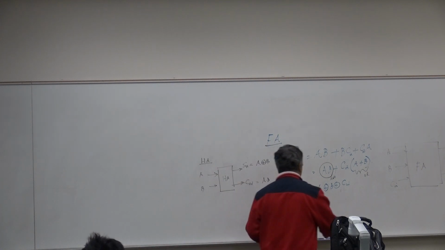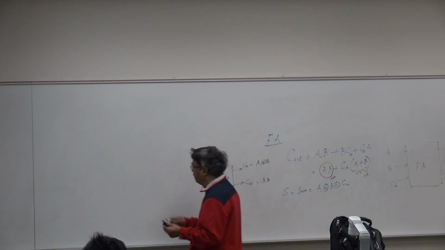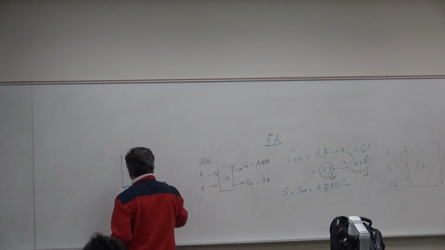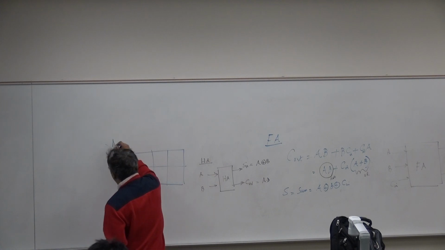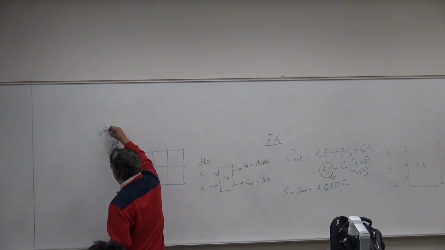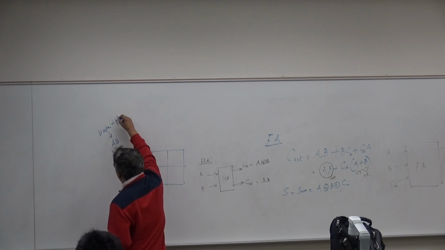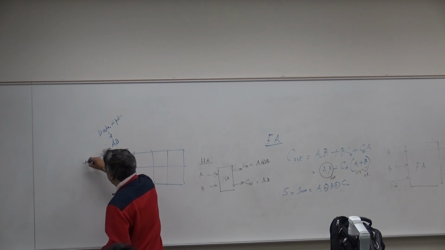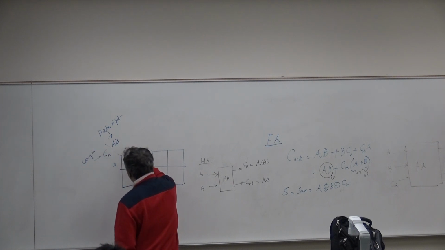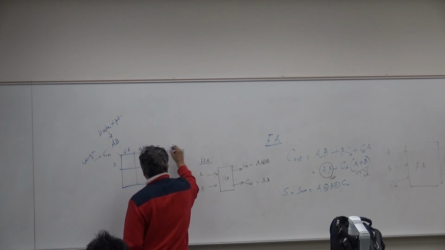It's called checkerboard because if you draw the Karnaugh map, these are the data inputs and C in, this is the carry in, 0, 0, 0, 1, 1, 1, 1, 0.